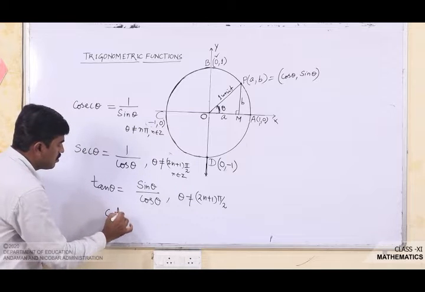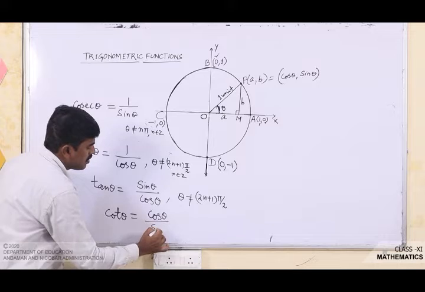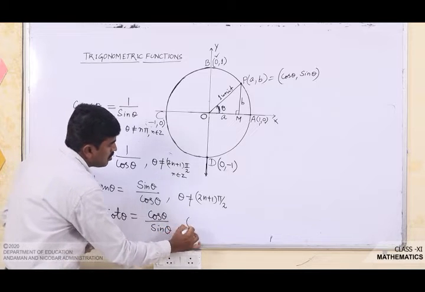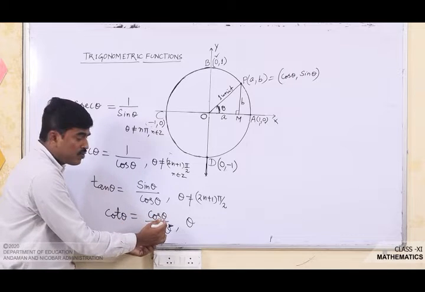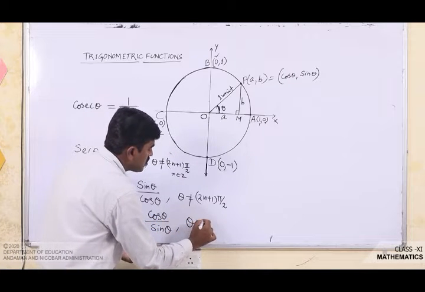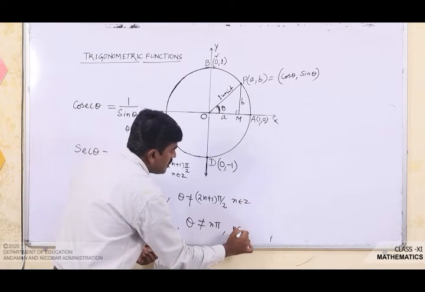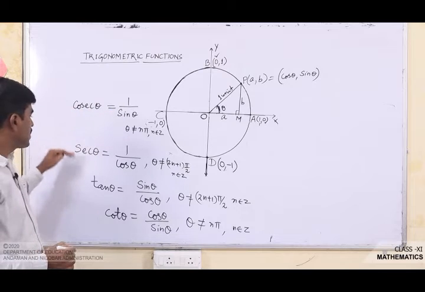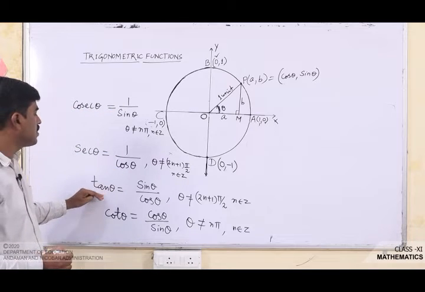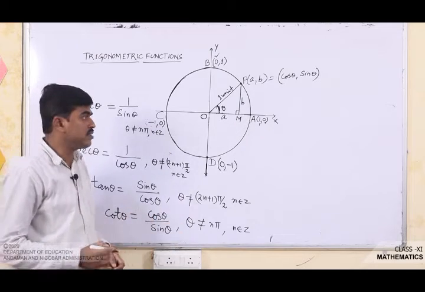And cot theta is equal to cos theta divided by sin theta. Here the denominator is sin theta. So sin theta should not be equal to 0, meaning theta should not be equal to n pi, for all n belongs to Z, n an integer. So cosec theta is 1 by sin theta, sec theta is 1 by cos theta, tan theta is sin theta by cos theta, and cot theta is cos theta by sin theta under these conditions.